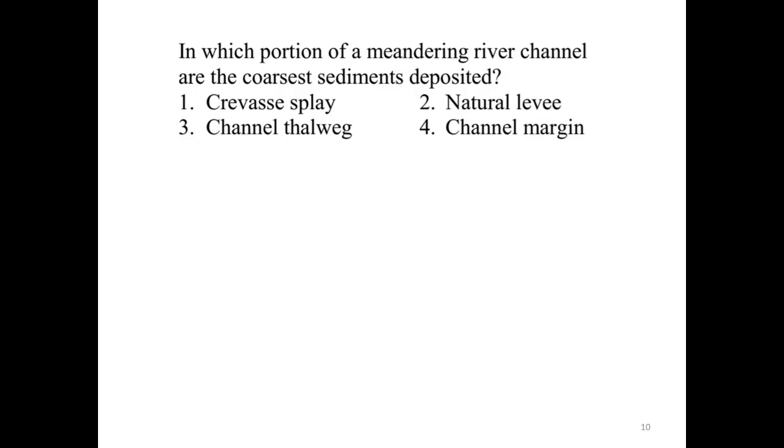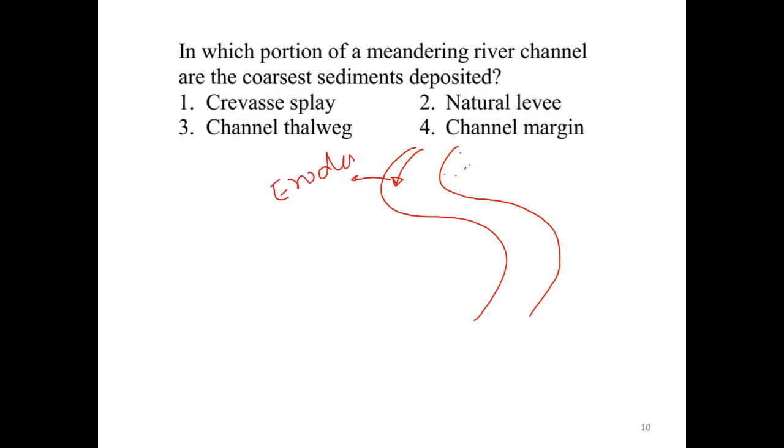It is asking about a meandering river channel, and we all know that if, let us say, this is the river meander, then on this convex curve the river erodes, and on this portion it deposits. So if this is the stream flow direction, this is how it is eroded from this portion, and it is deposited from this portion.